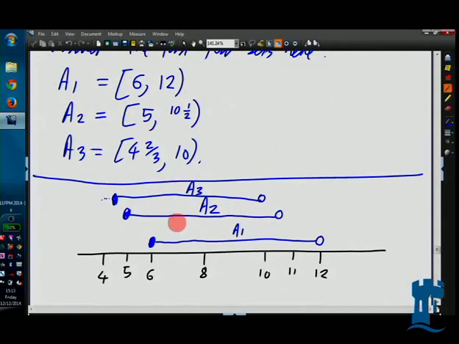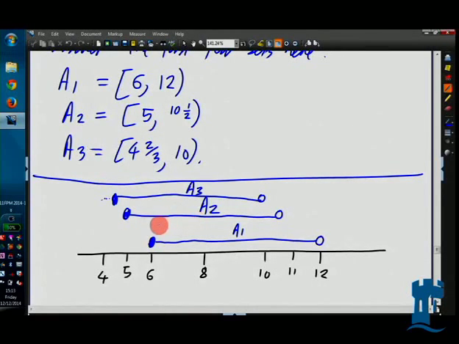So you draw all of these on the number line, and you take the union, you get the lot. You definitely get everything from 12 down to 6 because of the first set, then you get down to 5 because of the second set, and then the third set takes you down to 4 2/3.